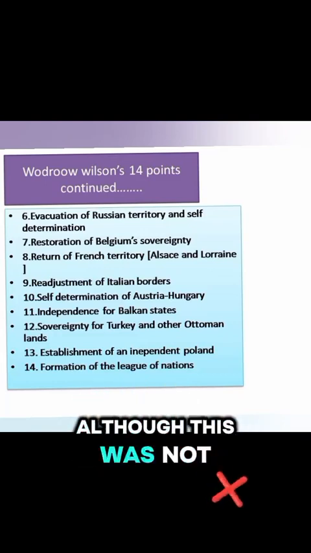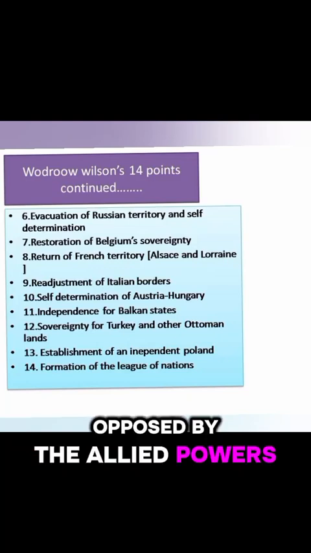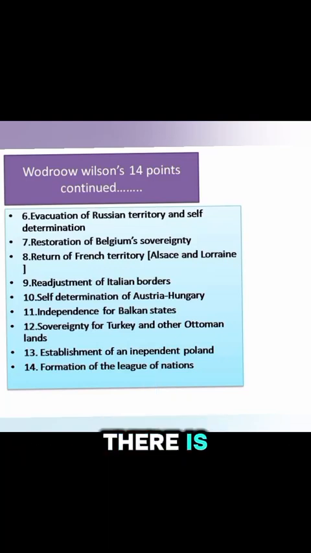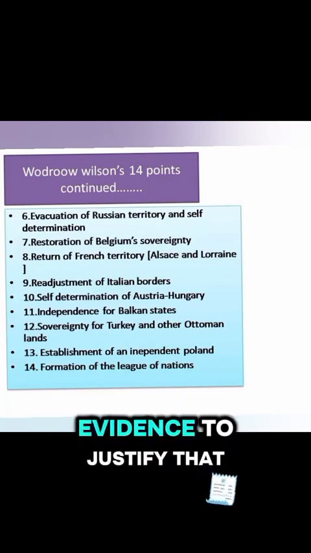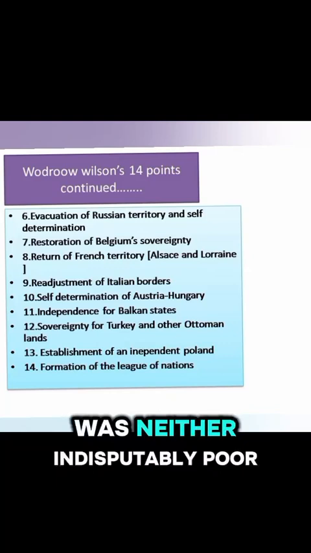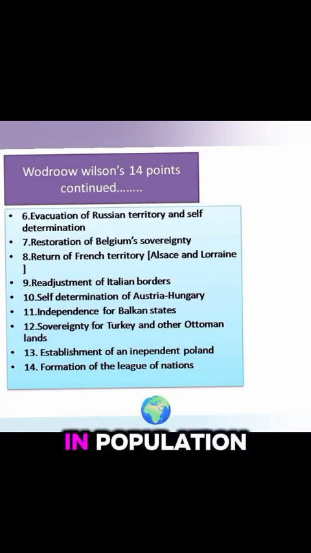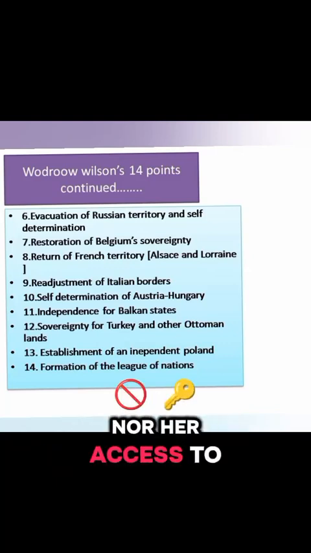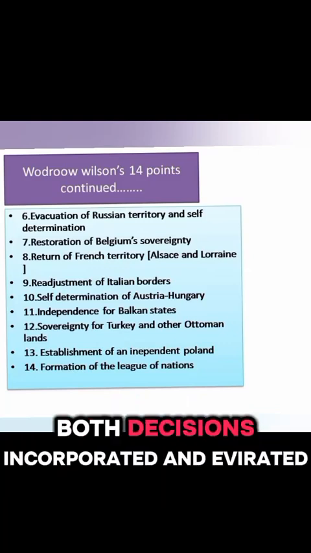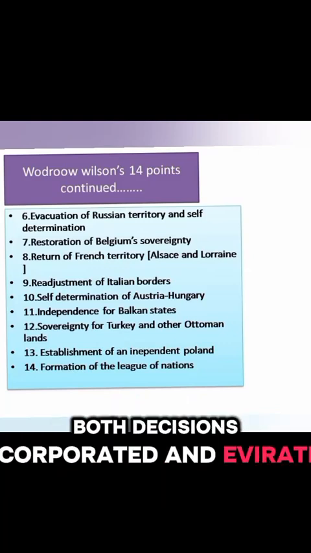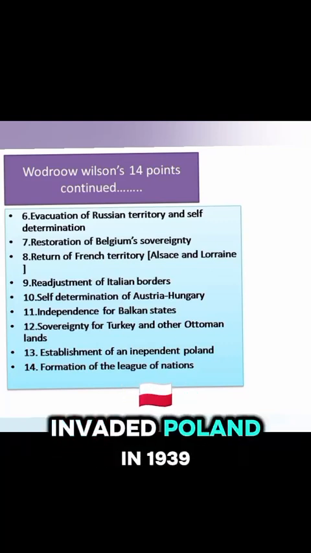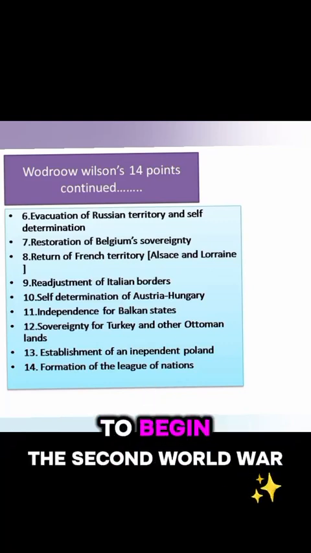Although this was not opposed by the Allied powers, there is sufficient evidence to justify that the created Poland of 1919 was neither indisputably Polish in population, nor her access to sea without territorial dispute. Both decisions incorporated and violated Germany's territory. This explains why Germany invaded Poland in 1939 to begin the Second World War.